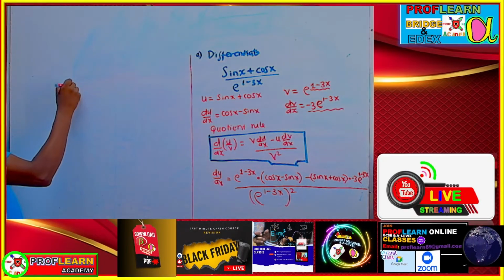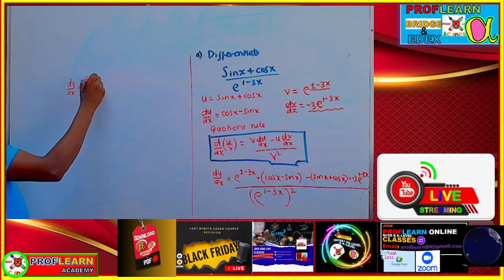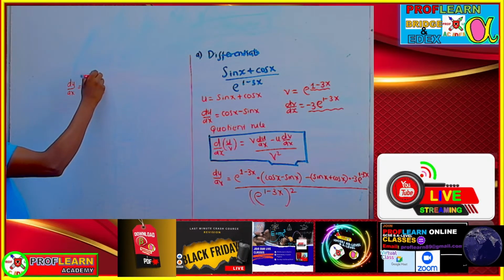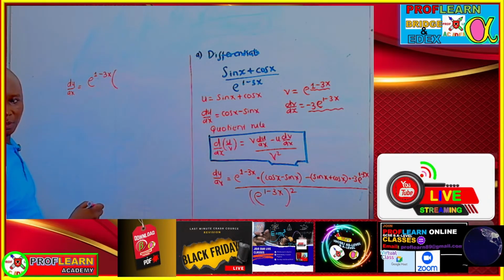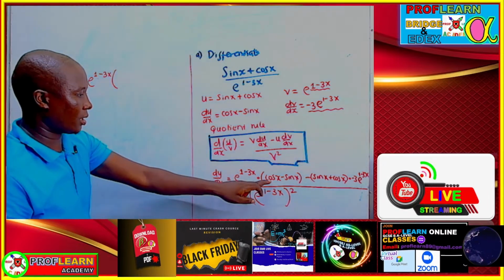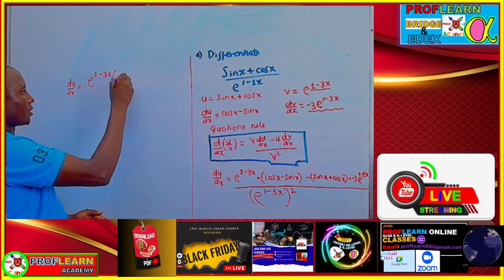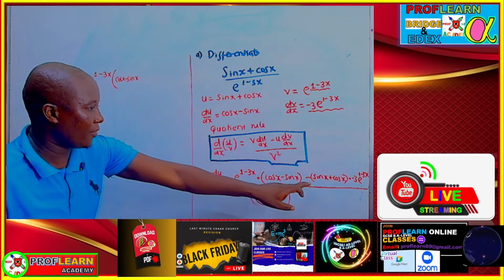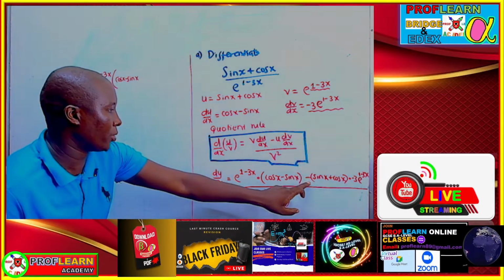This is going to be dy dx equals to, I'll take the exponent out, 1 minus 3x into bracket. So I'll take cos x minus sin x, and this other part here will be minus 3 times, now positive.